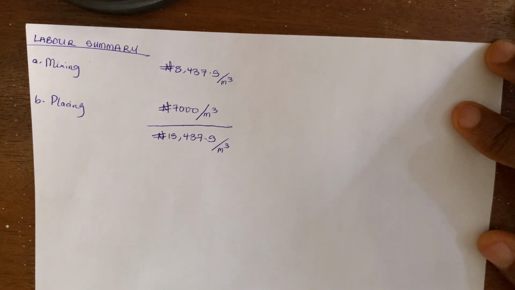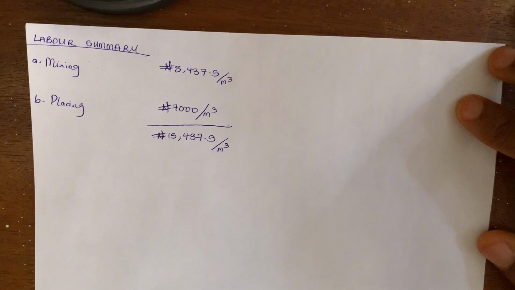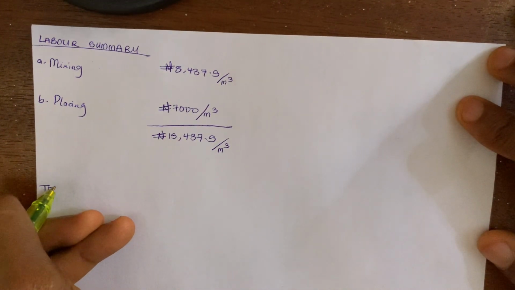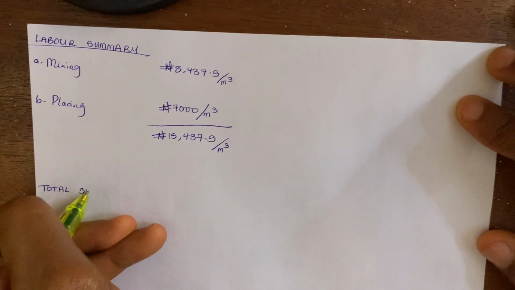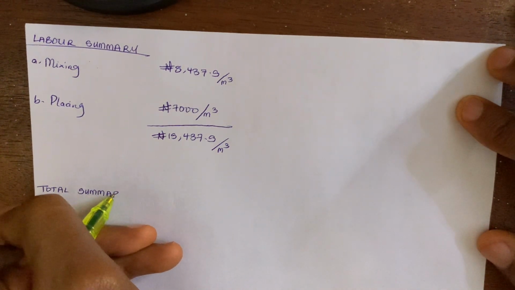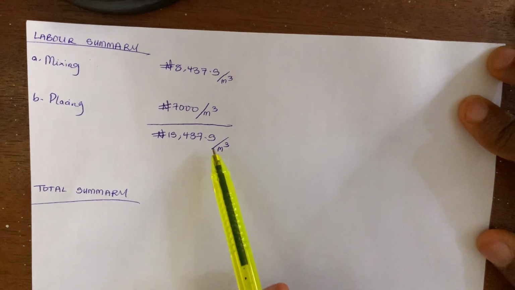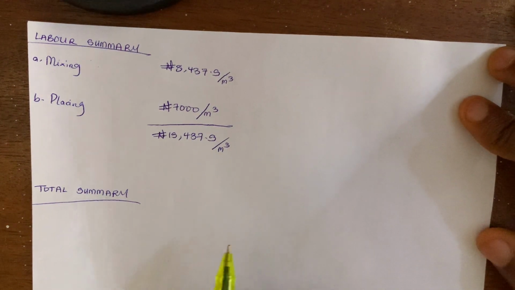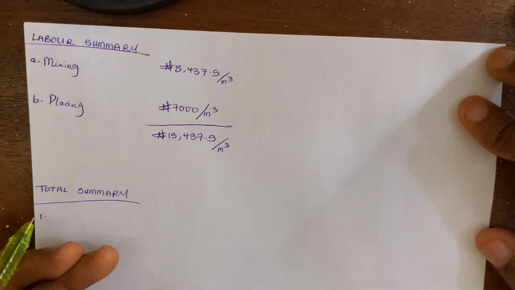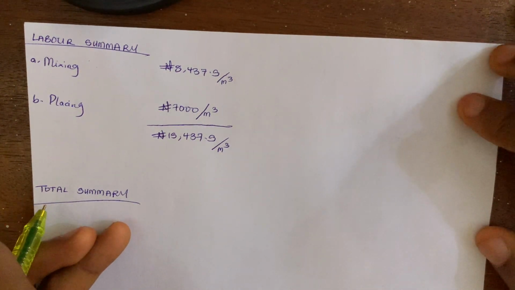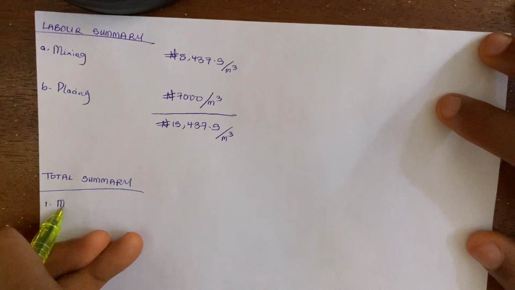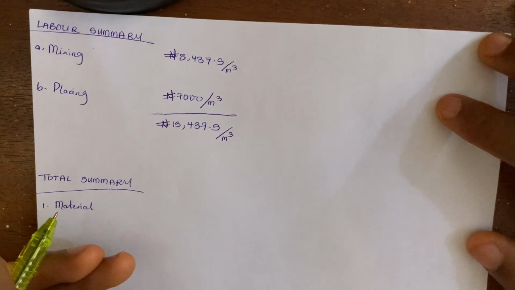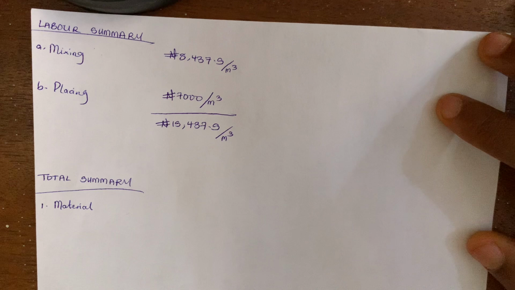So the total summary now, which would include that of the material and the labor. Since we've gotten the total cost for our labor per meter cube, we now need to do the combination of our material and our labor. So for the material, what did we build up our rate per meter cube of concrete? 78,891.81.